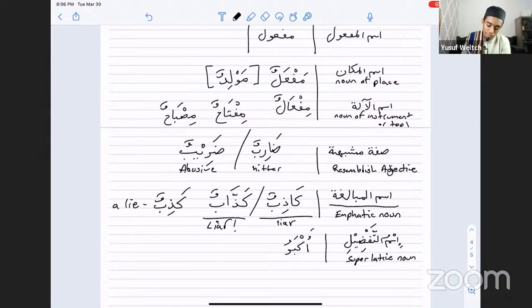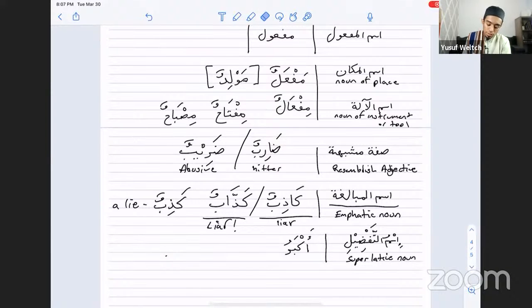You're not saying that Zaydun akdhabu min Amr, that Zayd is more of a liar than Amr is. So you're not comparing to anyone else, but you're saying Zayd is the biggest liar. So he himself is a big liar, not necessarily because we're comparing him to someone.